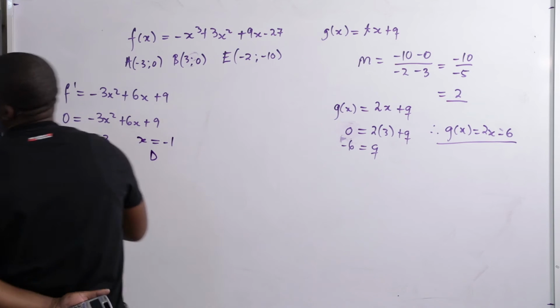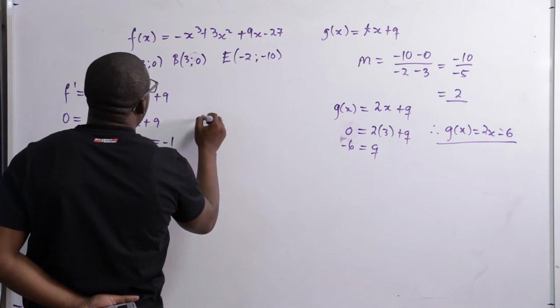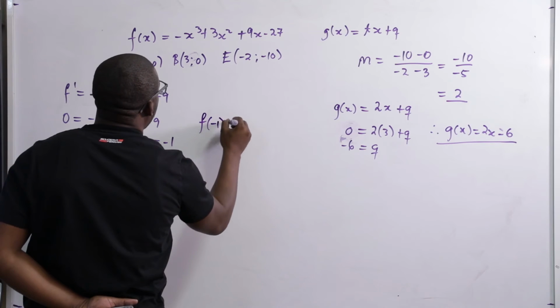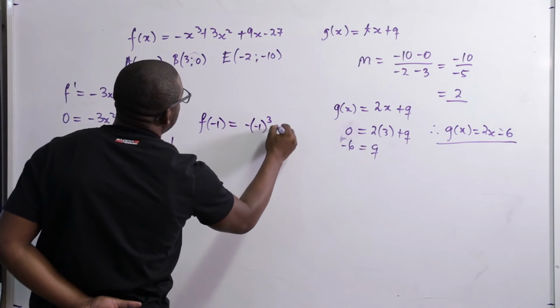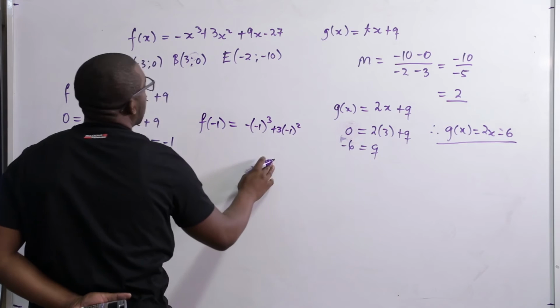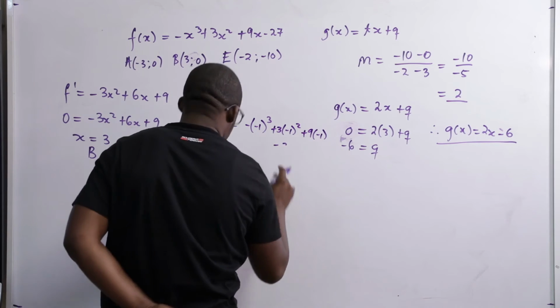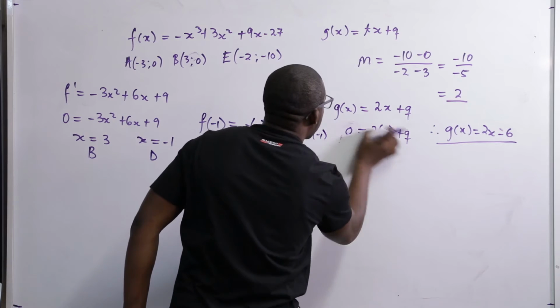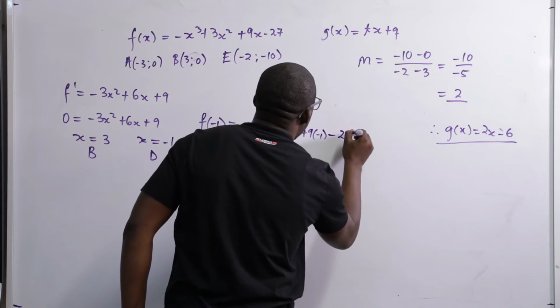So we need the y coordinate as well. So we're going to say f of minus 1. This is minus 1 cubed plus 3 times minus 1 squared plus 9 times minus 1 minus 27.